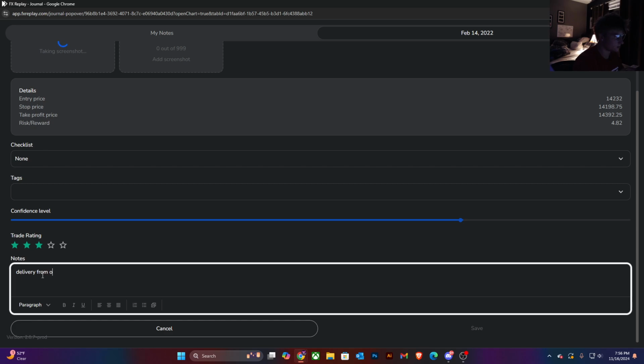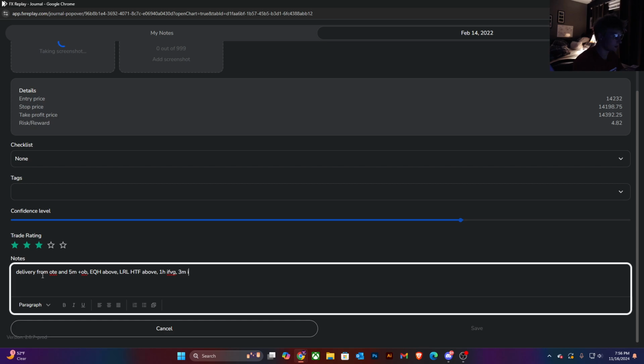Delivery from OTE and 5-minute plus order block. I think this is pretty free to the equal highs, at least for a 1-on-1. We also did inverse the hourly.